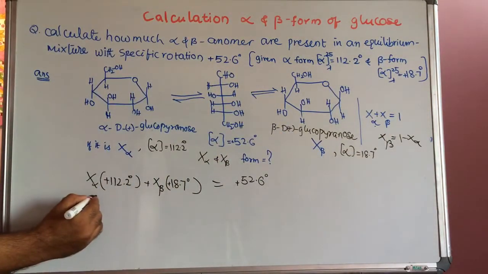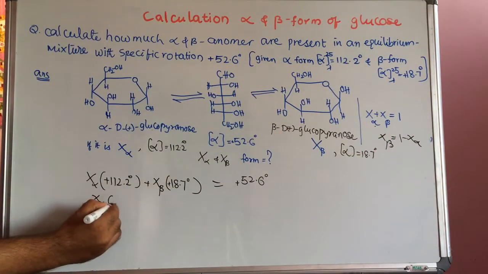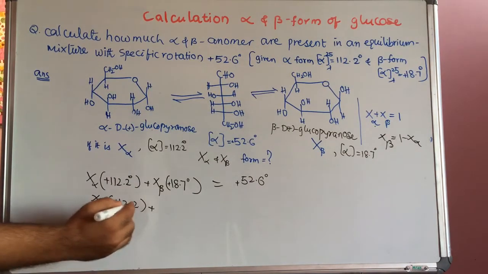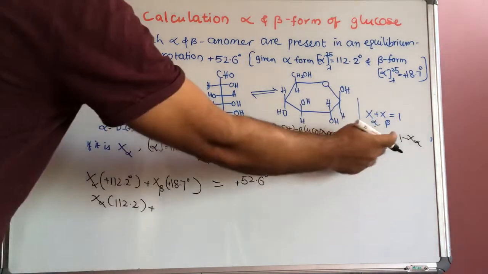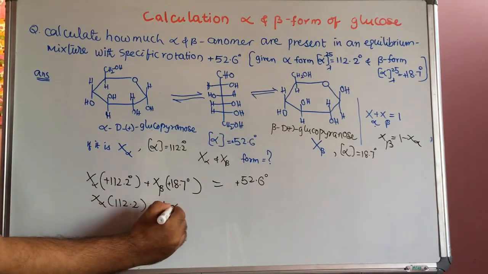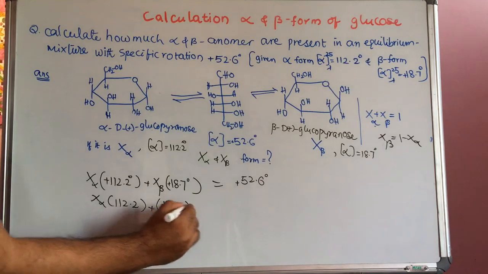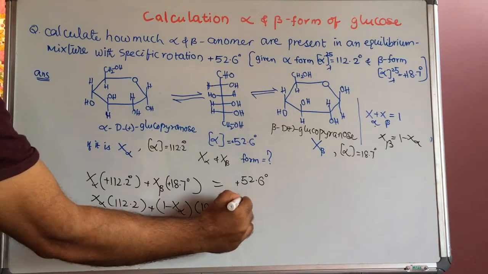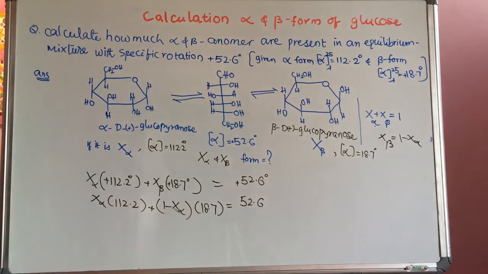So I can write x alpha into 112.2 plus x beta, that is 1 minus x alpha, into 18.7 is equal to 52.6.